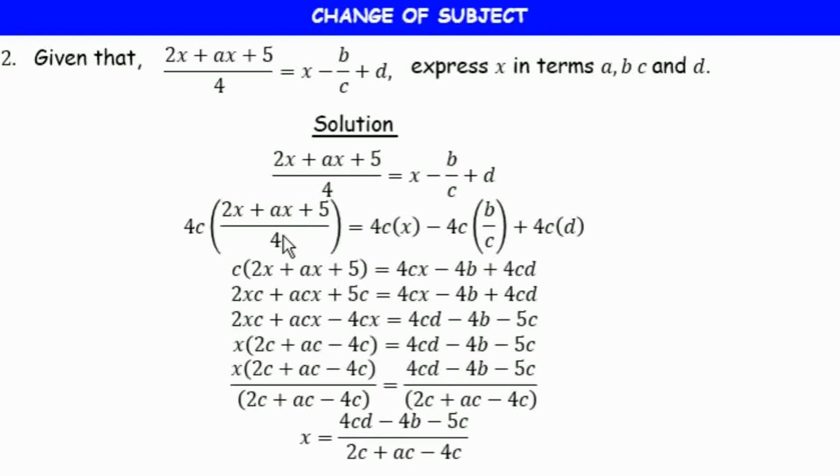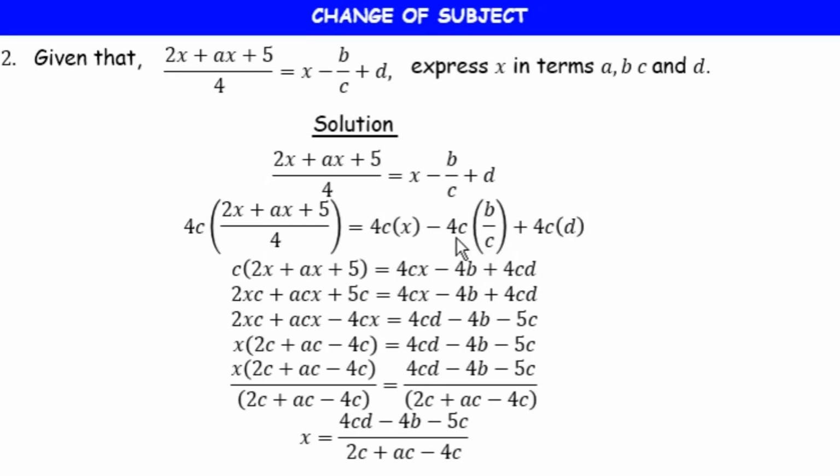Then of course you are going to cancel out, right? So you are going to simplify. So 4 will cancel this for you, leaving you with just c. So for the left side of the equation, you are going to have c into bracket 2x plus ax plus 5. When you come to the right side, the first expression, you have 4c times x, giving you 4cx, right?